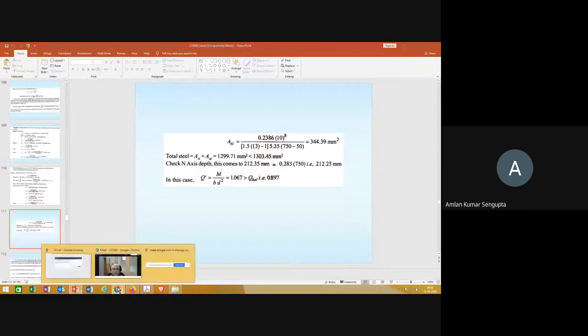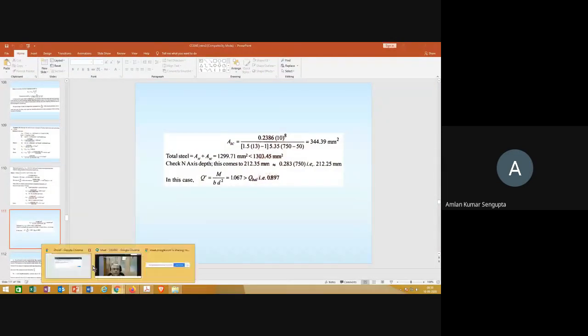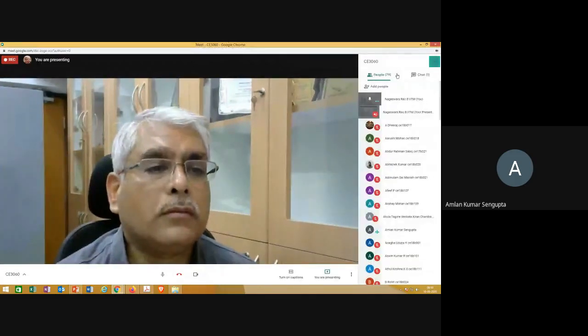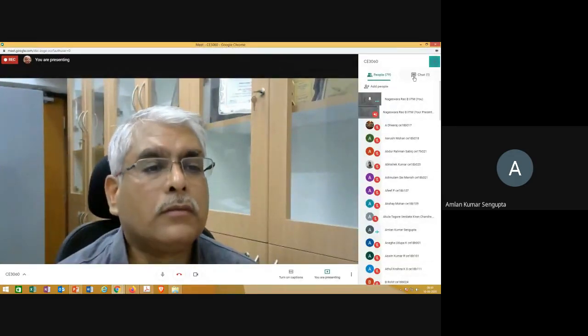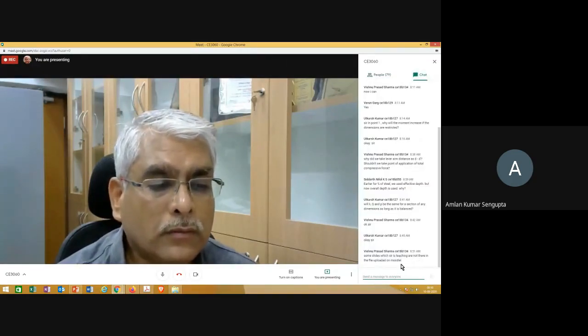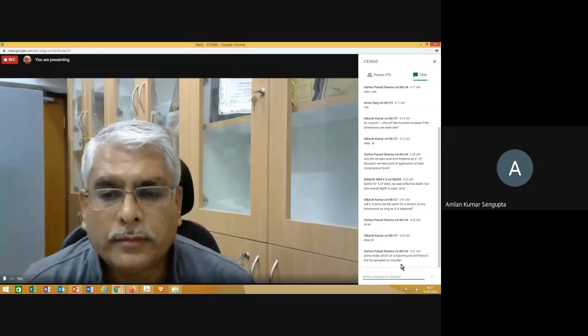In this way, if we start with the depth of neutral axis of a balanced section, the total amount of steel comes out to be an economical value. It is not like arbitrarily picking some additional steel in compression and tension. We start with the neutral axis depth corresponding to a balanced section to make the section economical.